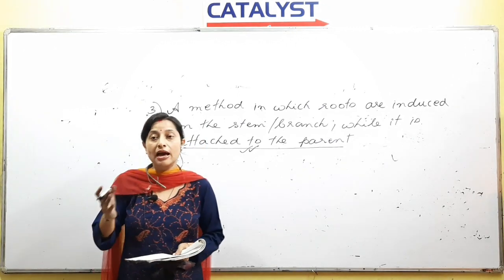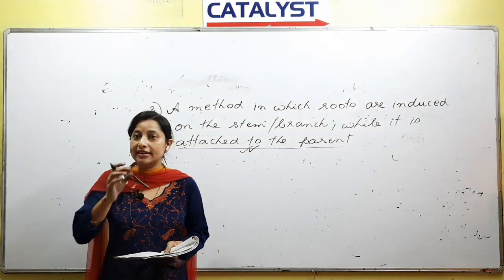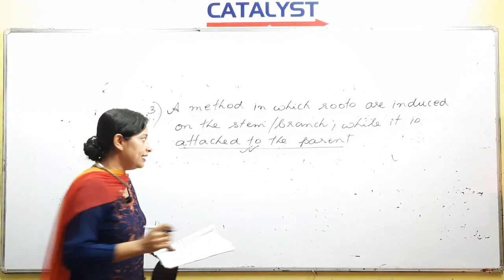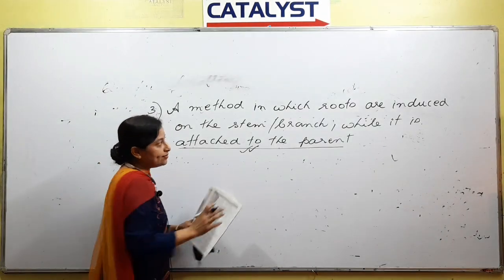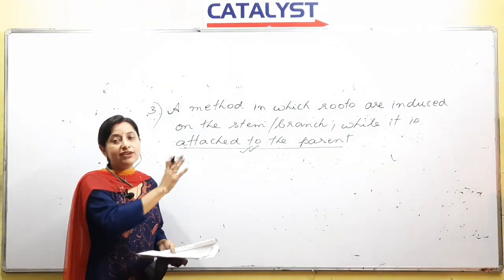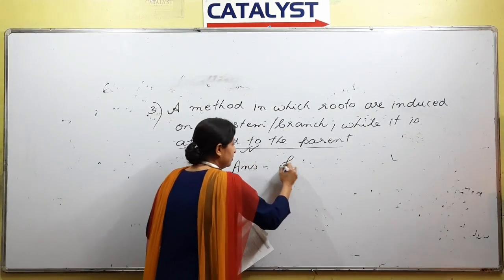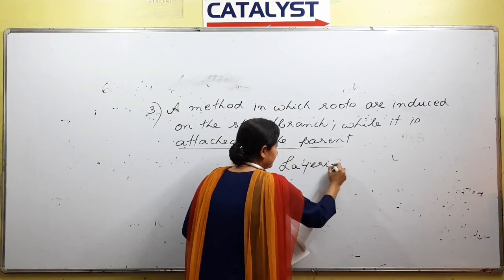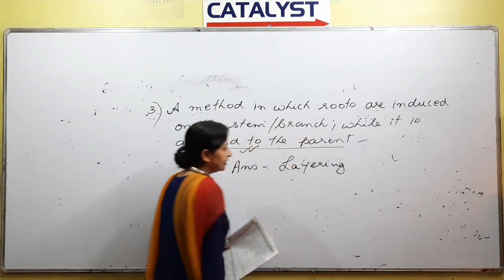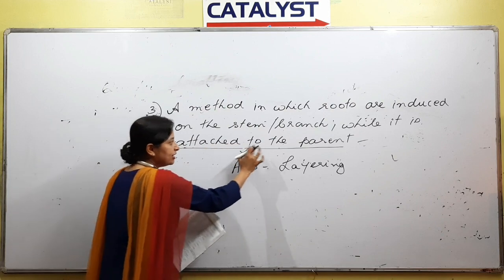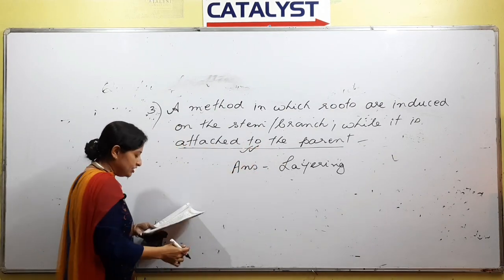If it is not too far from the ground, we can do layering on that branch, right? So the answer is layering, so let's not write the options. Did you understand? The point that is very much important is attached to the parent.